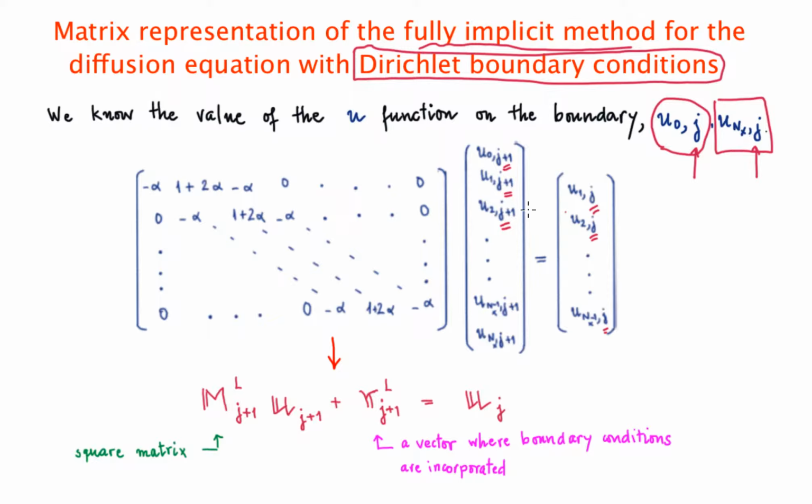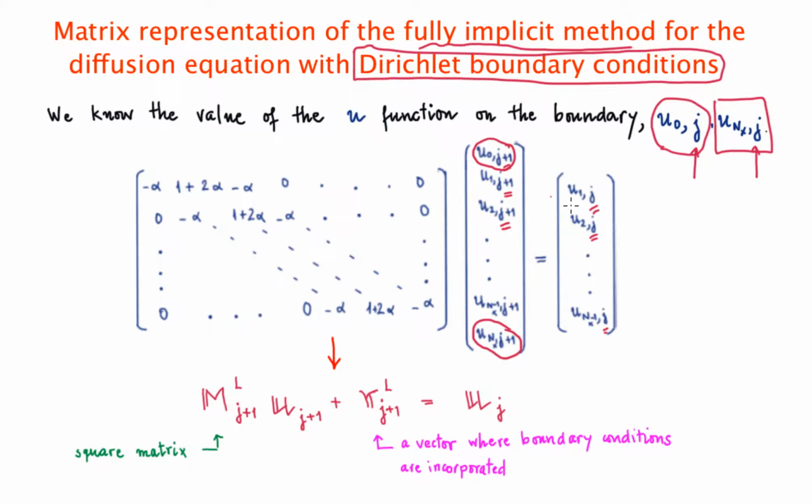So in this column vector that we have to use to evaluate the u function at the next time step, these two are not unknowns because of the Dirichlet boundary conditions. They are known already, so we can discard them somehow.